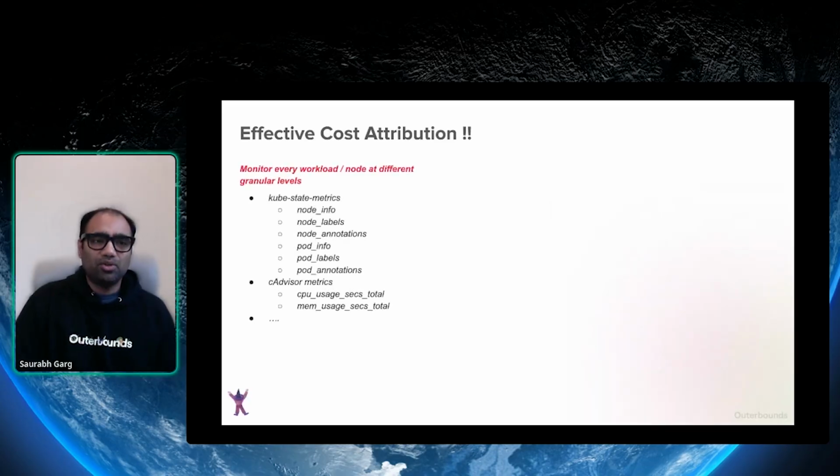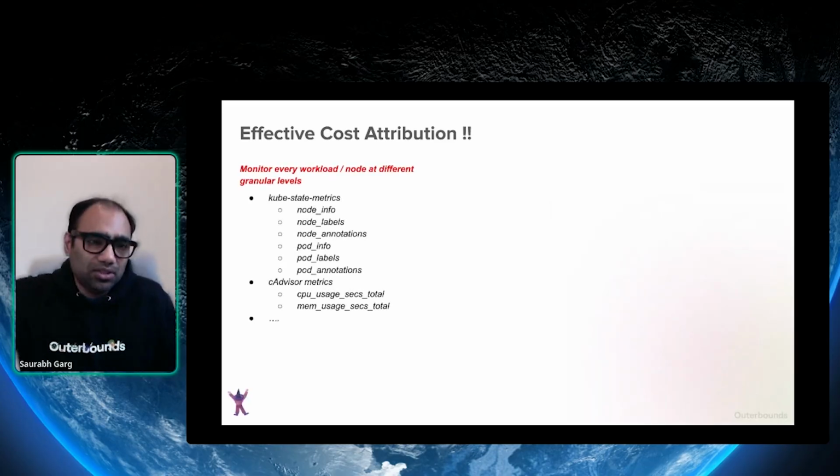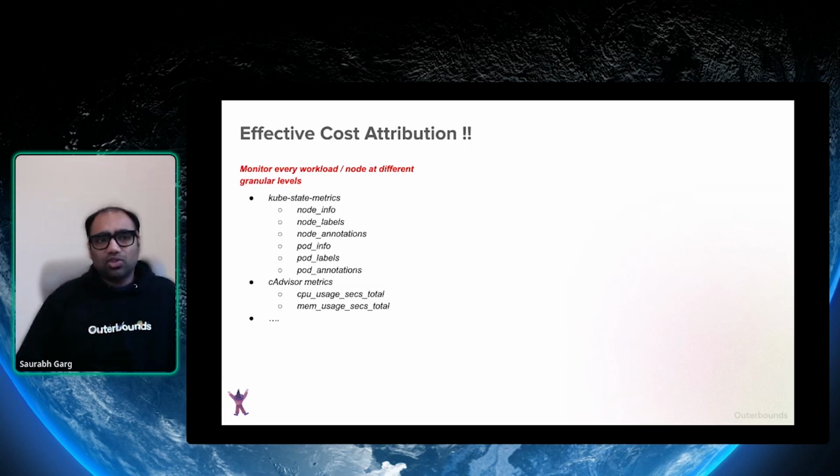So for effective cost attribution, let's say you were using Kubernetes as your compute cluster, you could monitor every workload or node at different granular levels. You could use things like kube state metrics, which give you metrics for node info, labels, annotations, and also pod metrics like pod info, labels, and annotations. You could use cAdvisor metrics that allow you to see how much CPU or memory is being used.